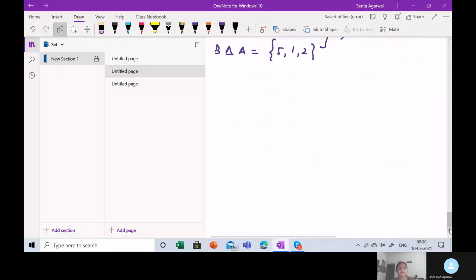Now we are coming to the properties of union and intersection.